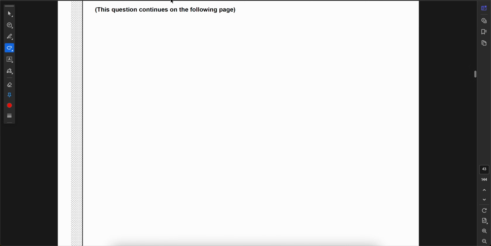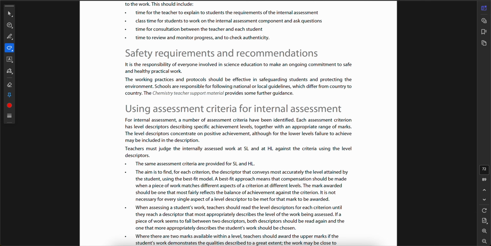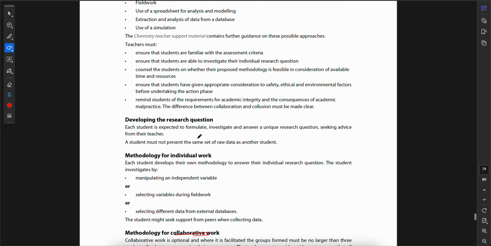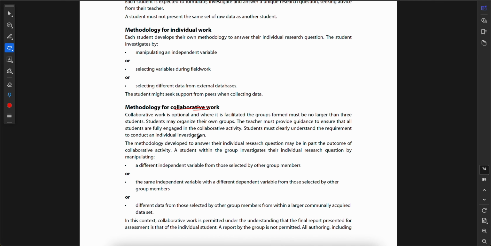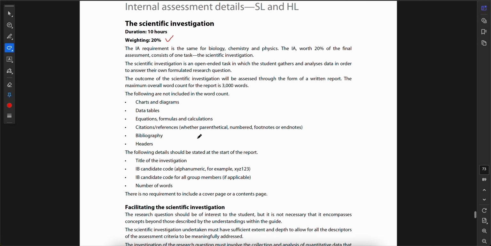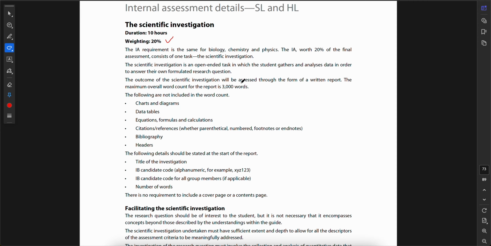Okay, let's go back to the internal assessment. Here is the outcome: a written lab report. The maximum is 3,000 words.